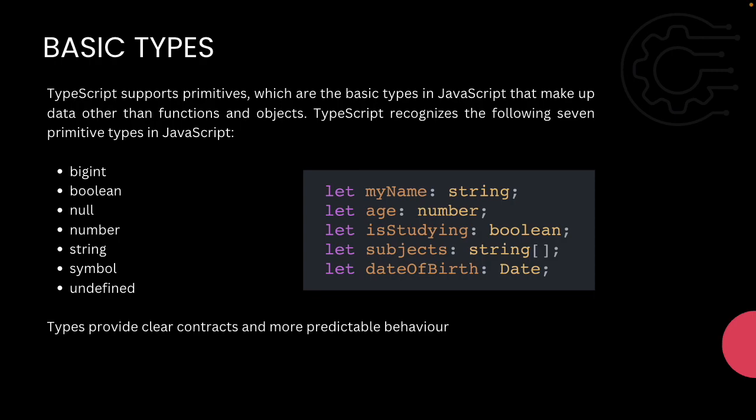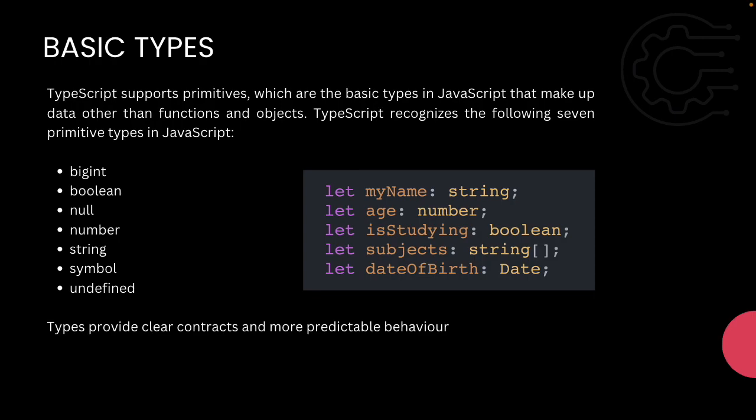All right, so basic types. TypeScript supports all the types that JavaScript has. That means all the primitive types, for example string, boolean, null, everything. The way we give a type to any variable is simply a colon and then saying whether it is a string, a number, or a boolean.